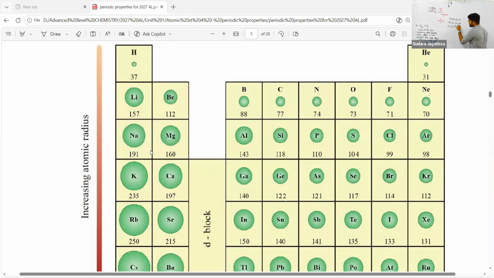Then calcium, gallium, strontium, and indium again fails.